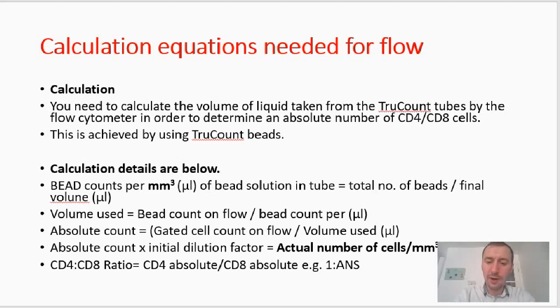So the absolute count multiplied by the initial dilution factor will let us know the actual number of cells per microliter of blood. And of course, as I said previously, another important factor to consider is the CD4 to CD8 ratio. Okay, so the CD4 to CD8 ratio will enable us to determine how sick these individuals are.